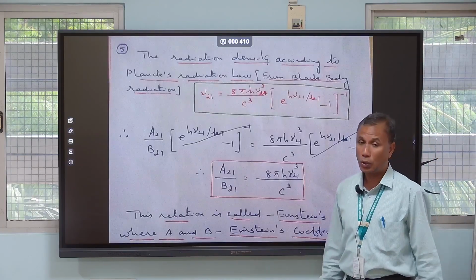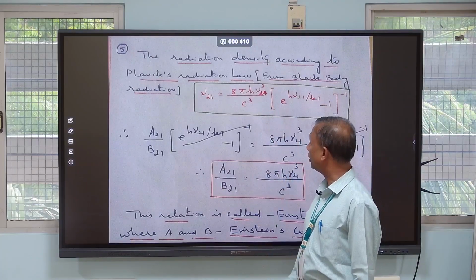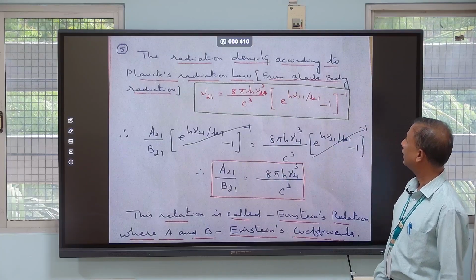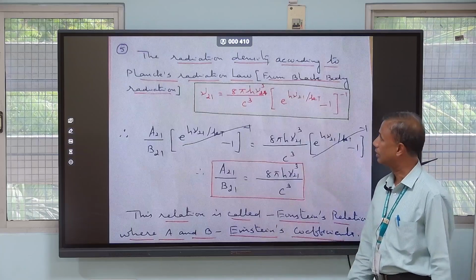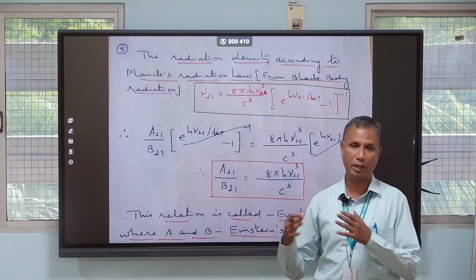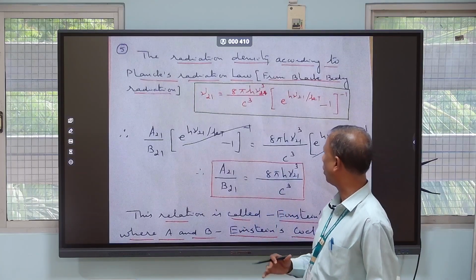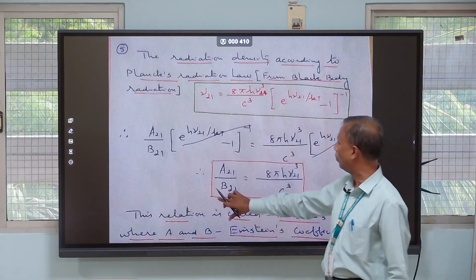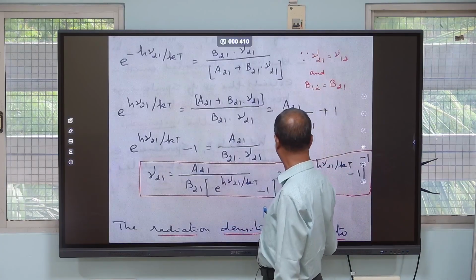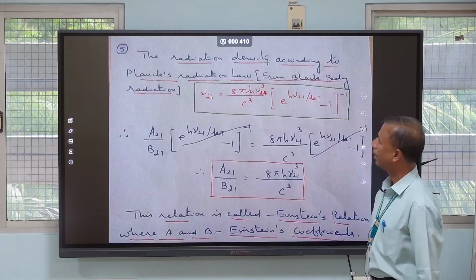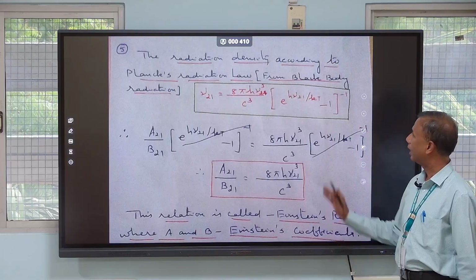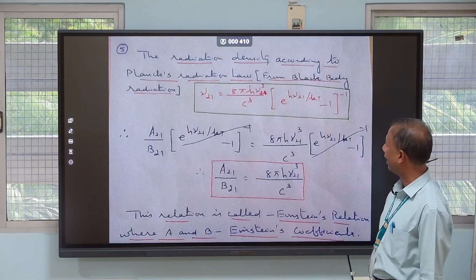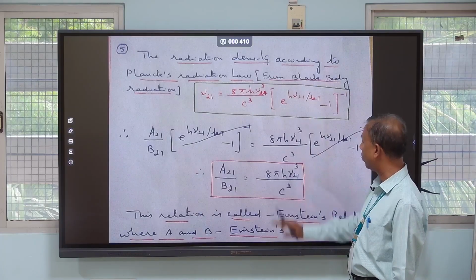This is the radiation density according to Planck's radiation law, which comes from black body radiation. Now we are going to compare this equation with Planck's black body radiation law.